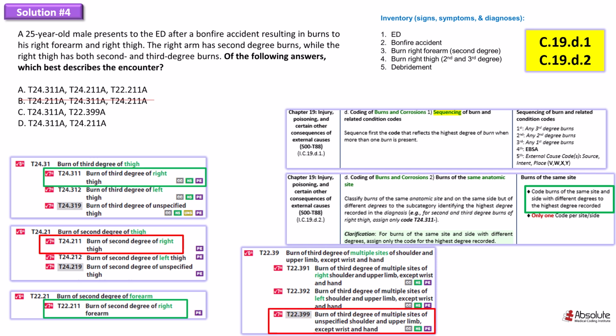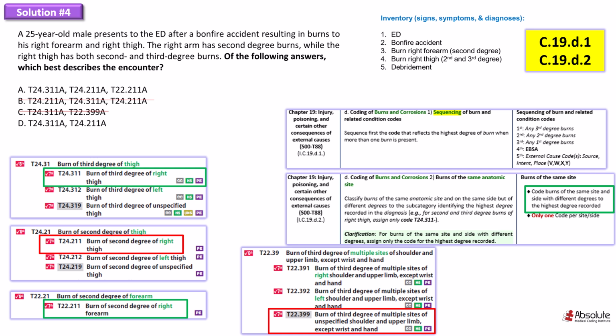This is burn of third degree of multiple sites of unspecified shoulder and upper limb. Wrong degree, wrong location. So therefore, the answer is wrong. Let's get rid of C. And that leaves us with A and D.